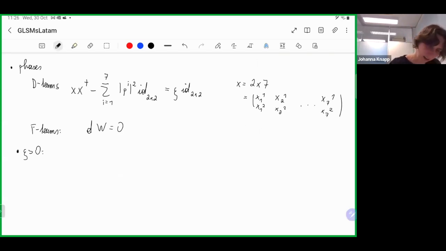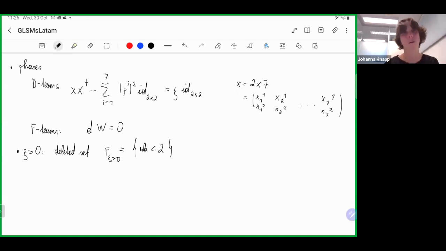So that means that any solution where the matrix X has rank less than 2 will not be a solution to the D-term equations. So we have a deleted set, which I called F_{zeta>0}, which is that the rank of X is less than 2. So we only have a solution if the rank of X is maximal, which in a 2x7 matrix is rank 2.